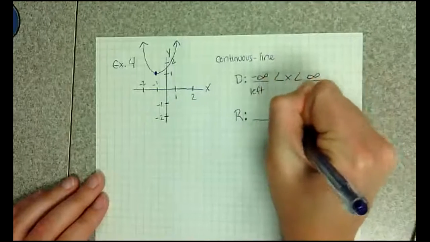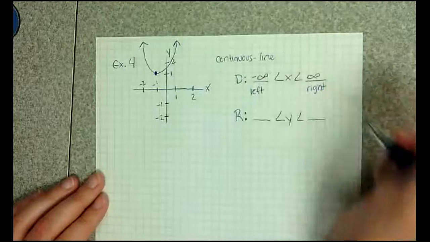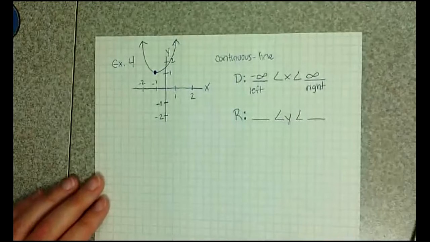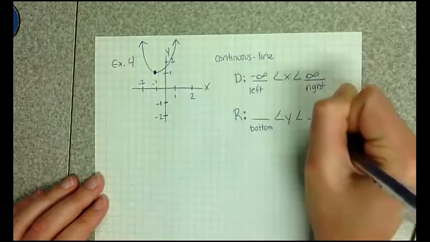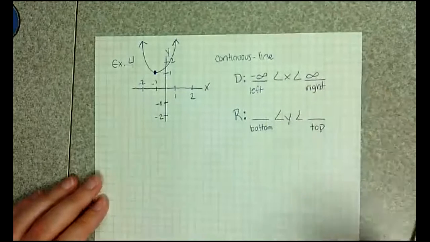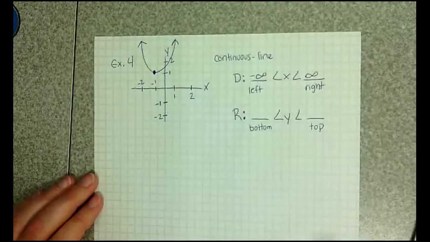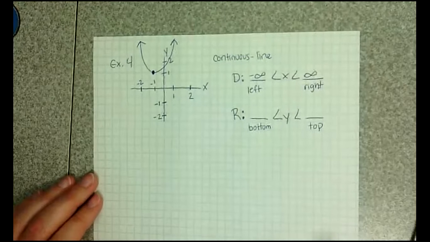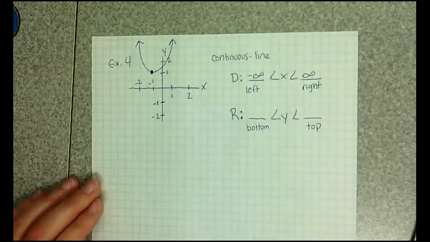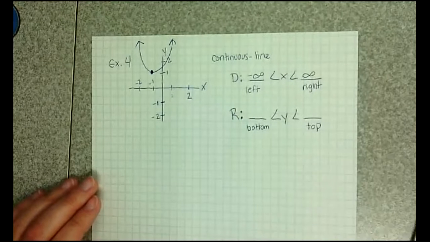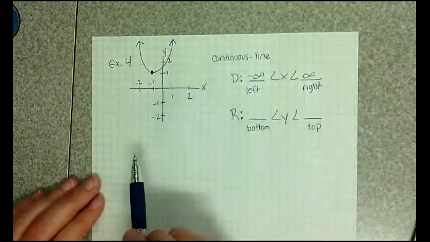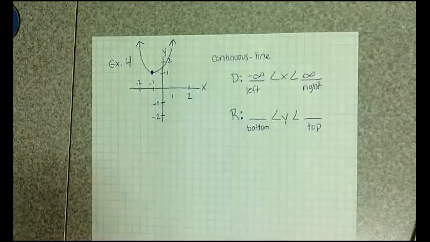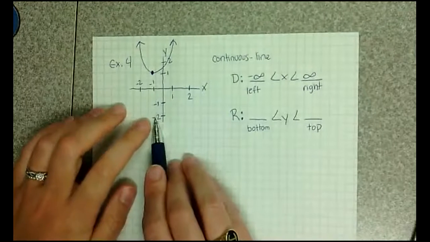Okay, my range, let's set up our Y values. So I'm gonna go from bottom to top. So where is the bottom of my graph? -2. Where's the bottom of the line? So not necessarily the graph. There's no line down here.